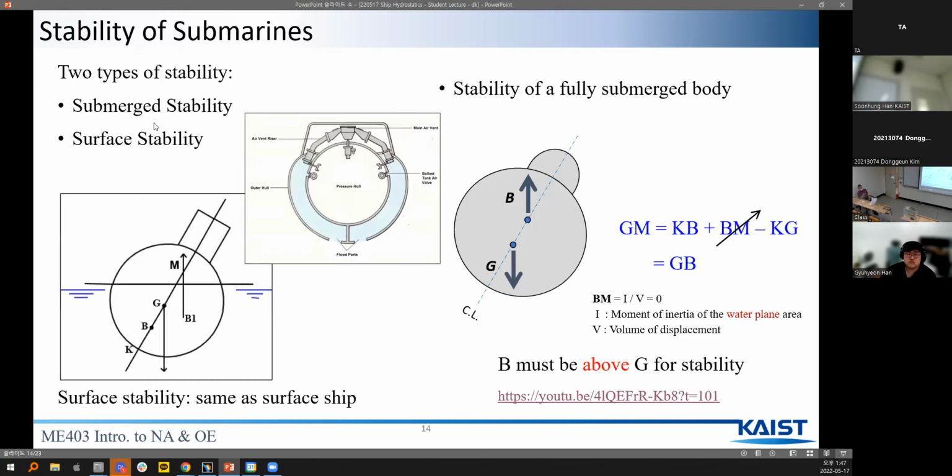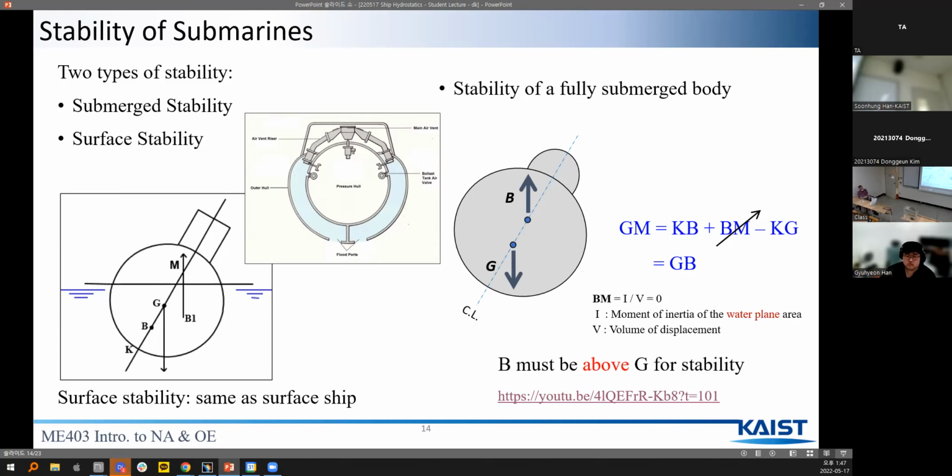Next is stability of submarines. Submarines should consider two types of stability: submerged stability and surface stability.